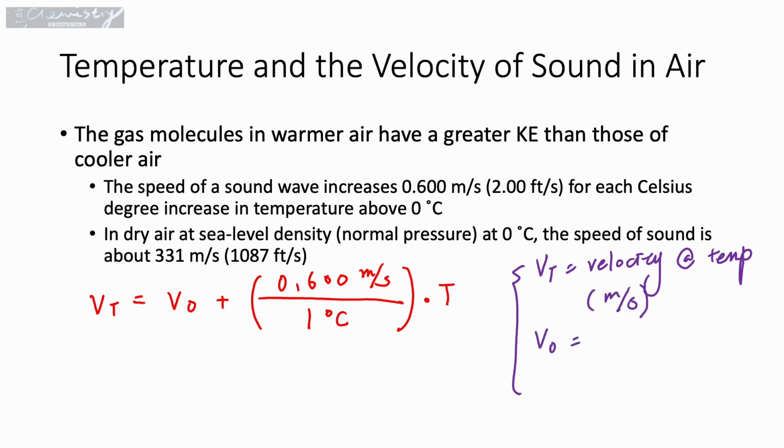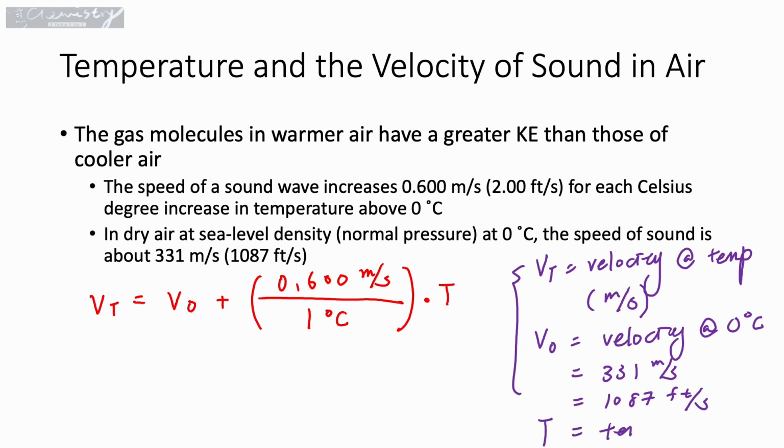The V0 is the velocity at 0 degrees Celsius, which is equal to 331 meters per second. This is also equal to 1086 feet per second. And then the big T is the temperature that we're looking at in degrees Celsius.